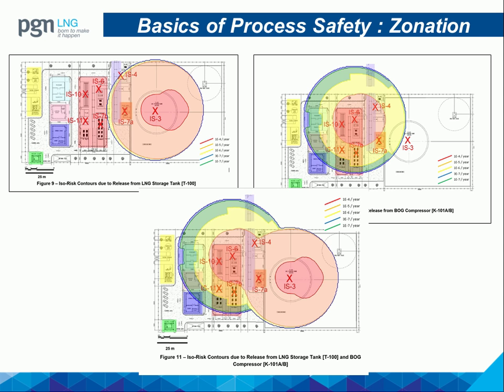On the top left and the top right, if we combine them together, the risk contours from this plan are outside the blue area, the green area. If either of these two cases happens, the risk of someone standing in the white zone area getting the consequences is minimum, so it's acceptable.